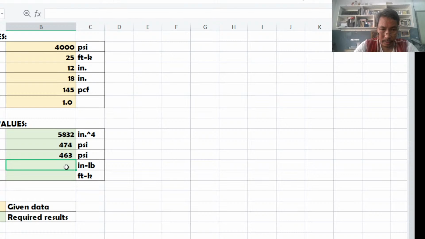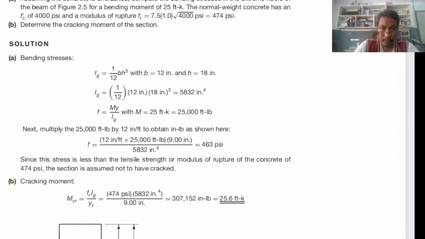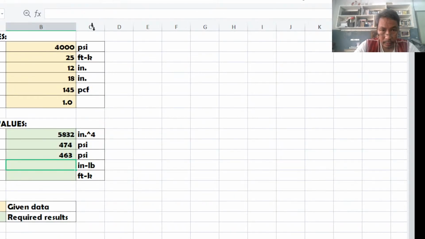At the center. Okay? So how to compute MCR? Just again, substitute the values. We have FR times I over Y. FY. So put the equal sign. F, this one, then multiply by I, and then divide by this one, divide by 2.